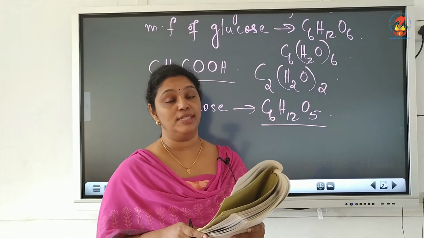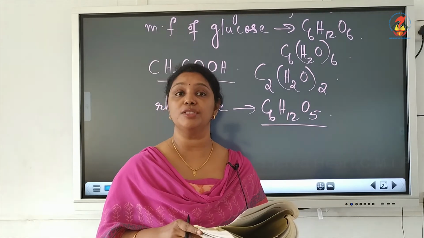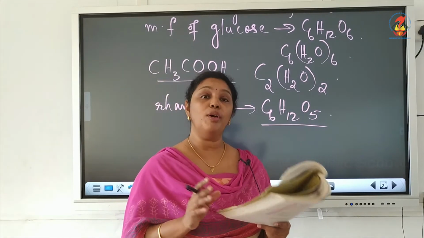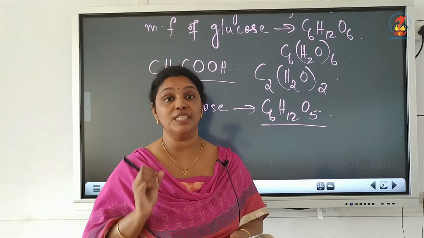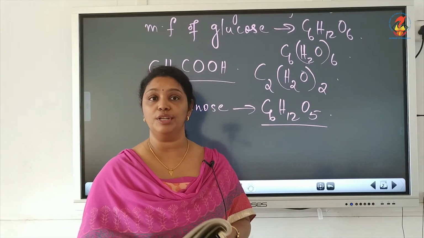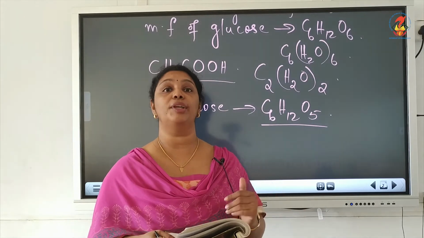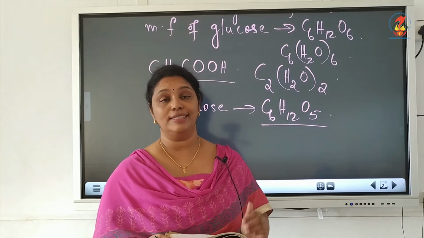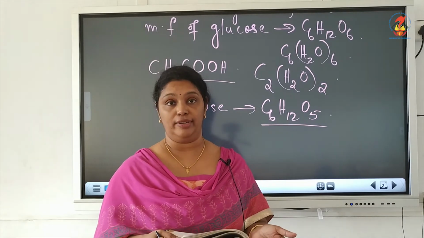But rhamnose is a carbohydrate. So there are exceptions also for this rule. Now, these carbohydrates contain a specific functional group, and usually it is either aldehyde or ketone group that is present in a carbohydrate. Now, we are going to see a definition for carbohydrate.